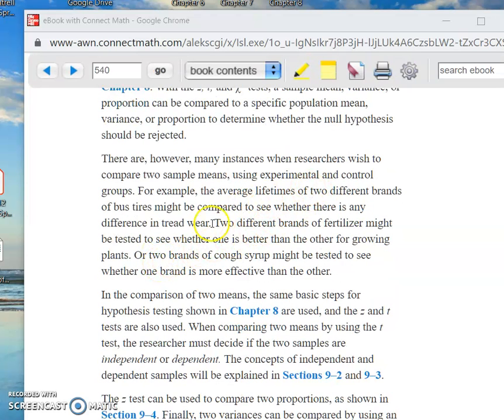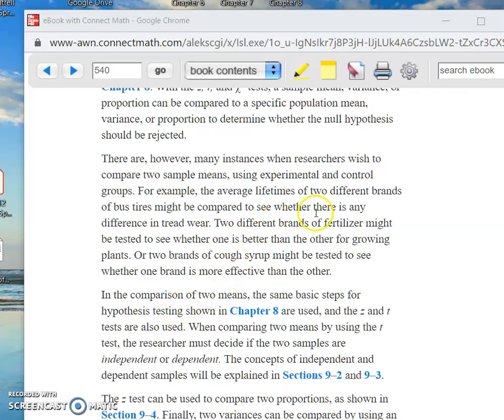So in a situation like that, experimental and control groups maybe isn't such a great terminology to use if you're just talking about two different brands. So you have to keep in mind that sometimes the language gets in your way there. Maybe a better example here is the one that I talked about before, and that's this new medication. I believe it was pronounced remdesivir, whether that's effective in treating the COVID disease.